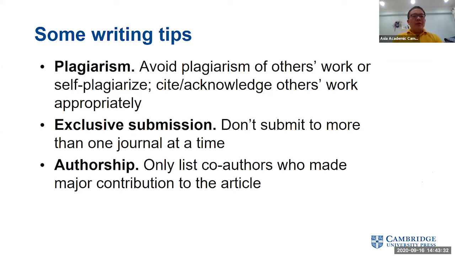And authorship, so there's something called a gift authorship. That means you add in a colleague or a friend as a co-author of the paper as a gift. But that is actually frowned upon. Only include the authors or co-authors who have actually made some contributions to the article itself. Certain journals will even ask you to list out what the co-authors did, so this is something to be aware of.